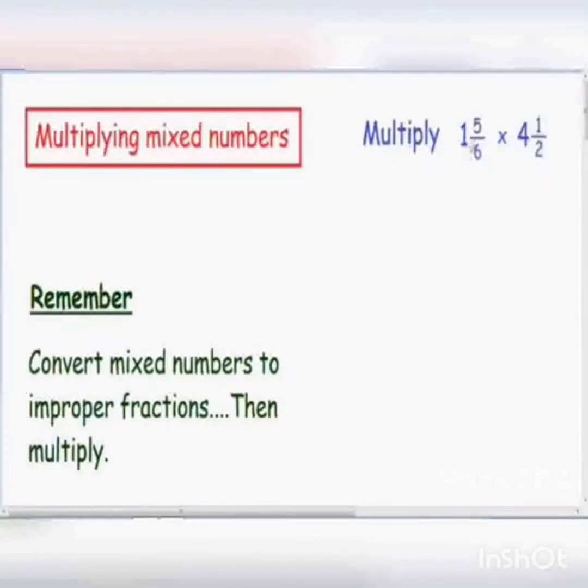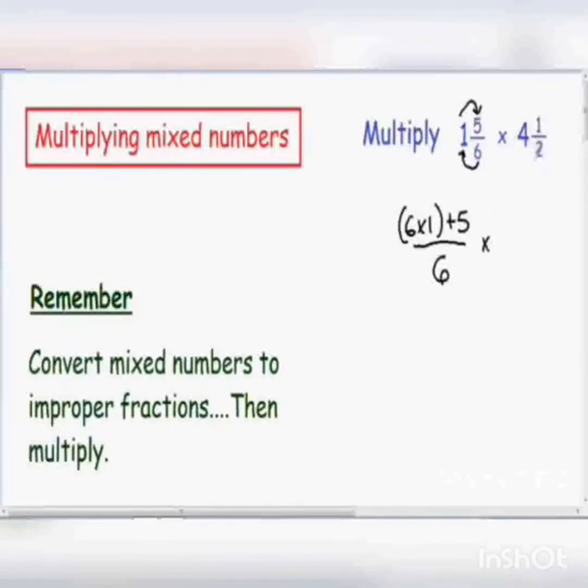Now recall that when we are changing mixed number to improper fraction, we multiply the denominator by the whole number, that is 6 times 1, that is 6. Alright, then this 6, after you are done multiplying it by 1, you add up the numerator. Okay, that is plus 5.